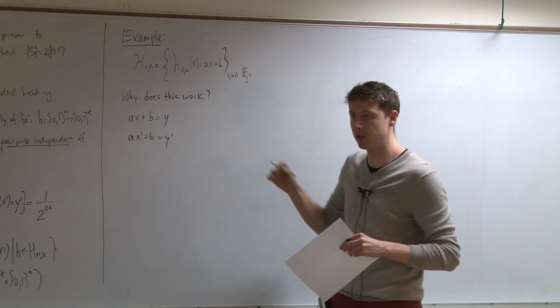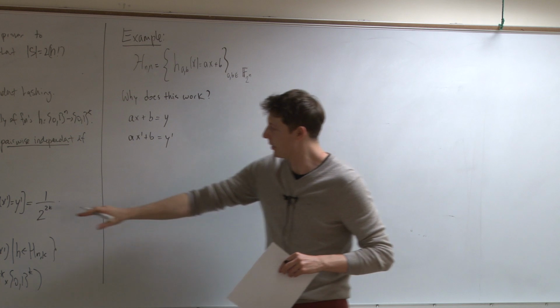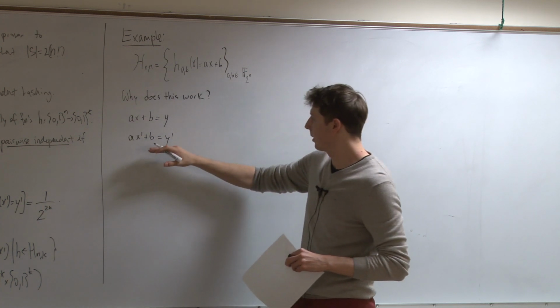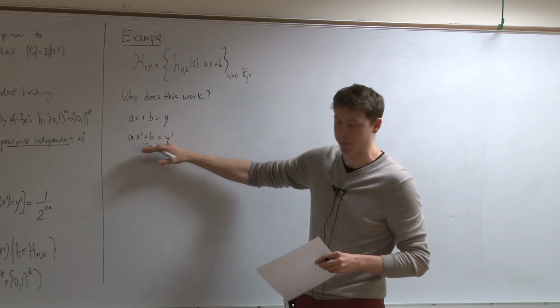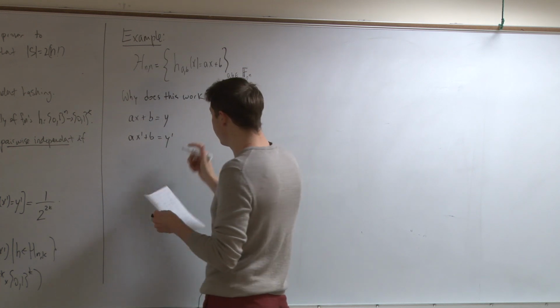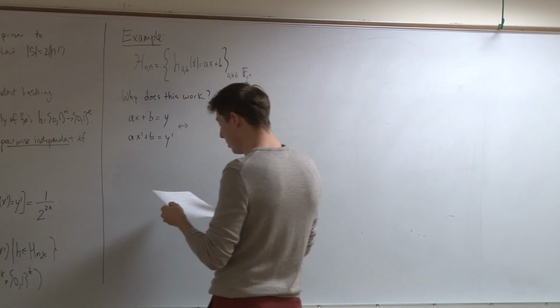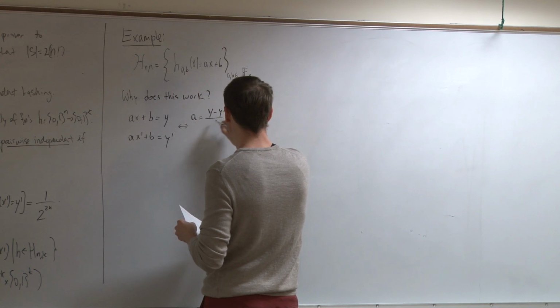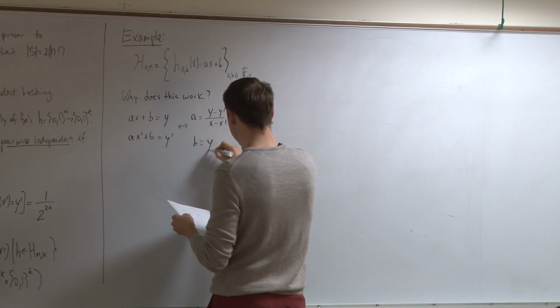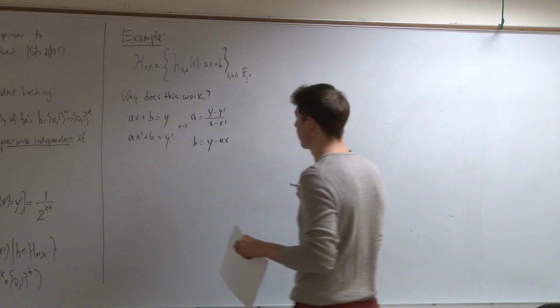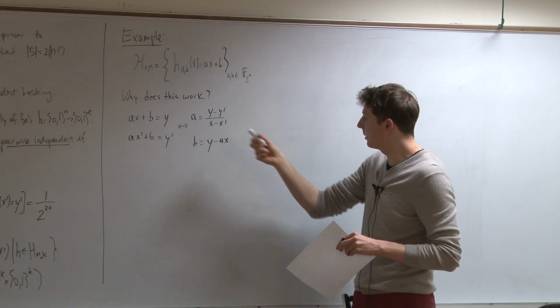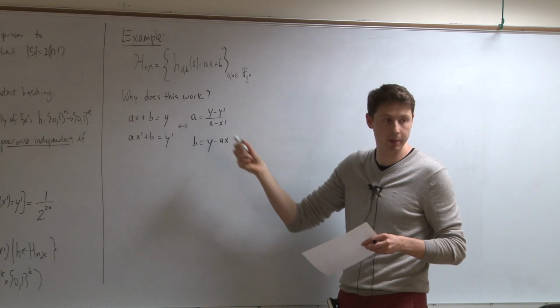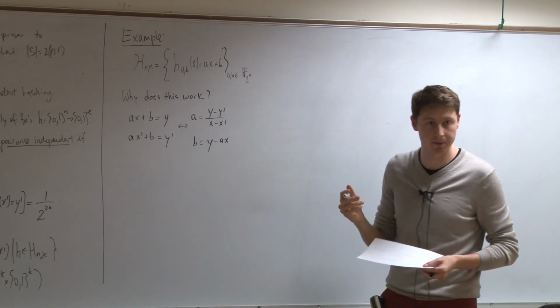So this event is this event for this family. Now, this is also equivalent to a being (y minus y prime) divided by (x minus x prime), and b being whatever is implied, y minus ax. Notice that the denominator is not 0 because x and x prime are distinct.